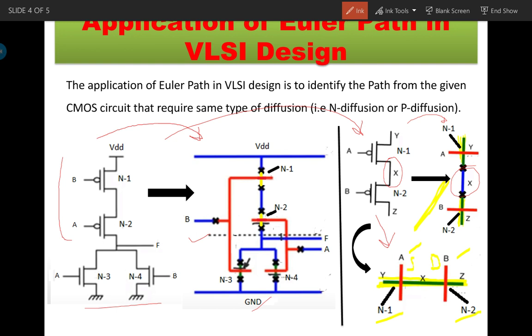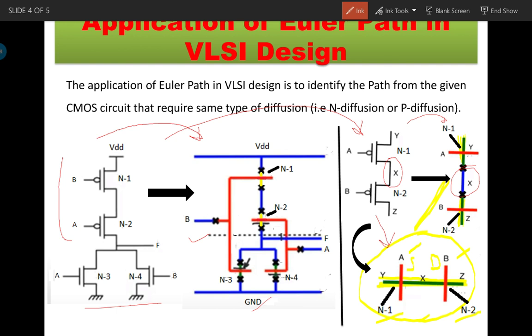The major advantage of this concept is to minimize the metal contacts in the circuit. So if you design the circuitry with this, it will require minimum area, and moreover the power dissipation will also be less. Now this is the Euler path concept.